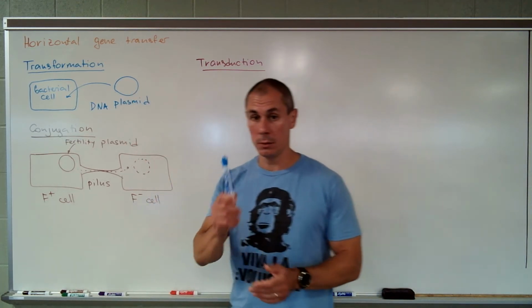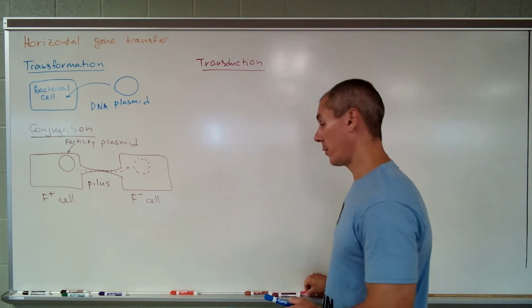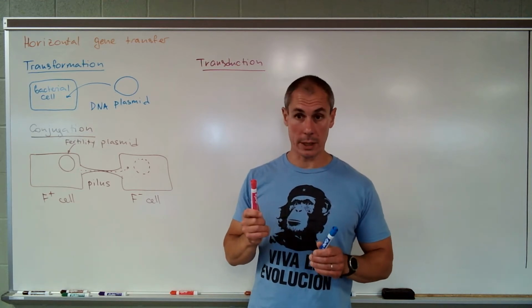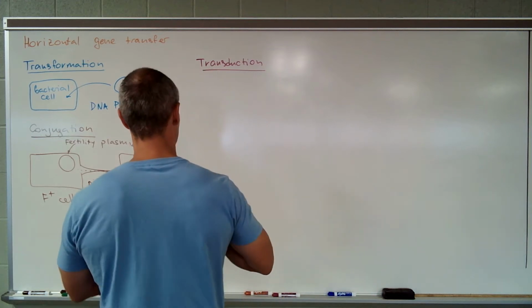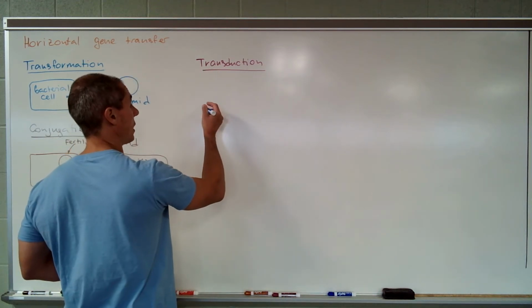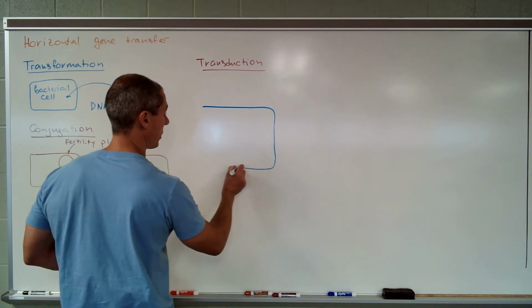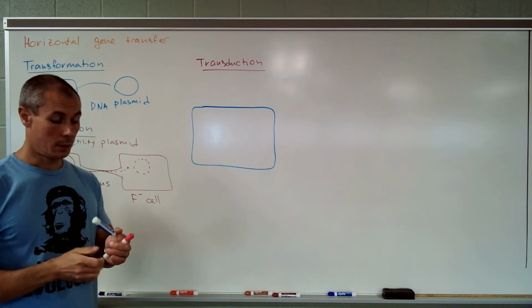Everything that's in blue belongs to bacteria. Everything that's in pink belongs to virus, okay? So you can see the codes. So let's take a look at the first type of transduction. You have a bacterial cell here, okay? And you have a virus.